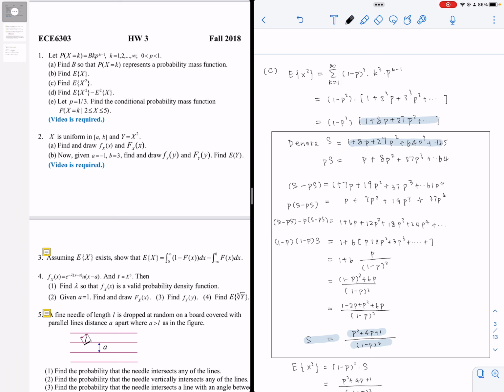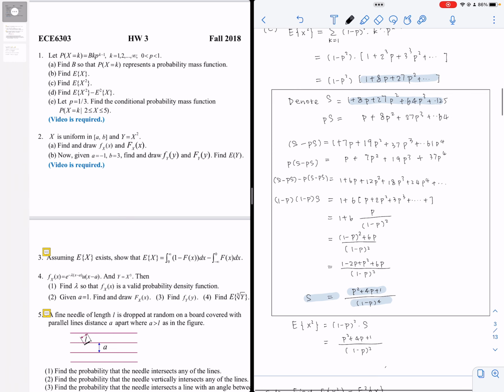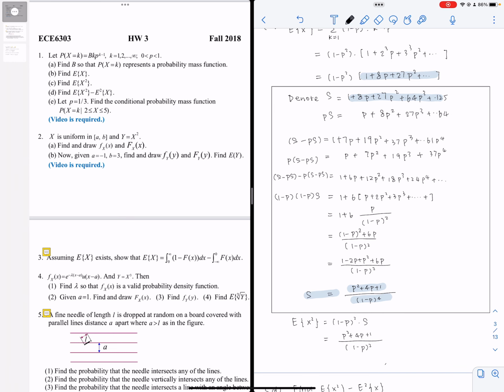We'll just let s be 1 plus 8p plus 27p squared, and so on and so forth, multiply by p on both sides, do a subtraction, and then we have 1, 7, 19, 37 as the coefficients. And then we'll just do it another time, and this time we will finally be able to see some pattern.